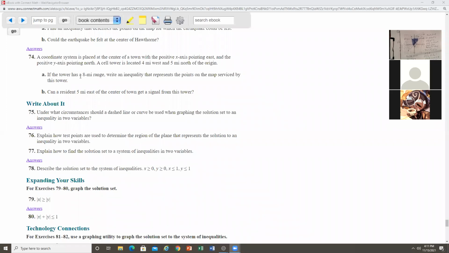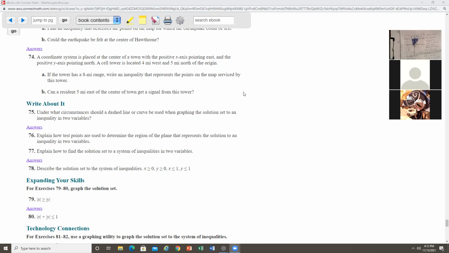If the cell tower has an 8 mile range, write an inequality that represents the points on the map serviced by this tower. Can a resident 5 miles east of the center of town get a signal from this tower?